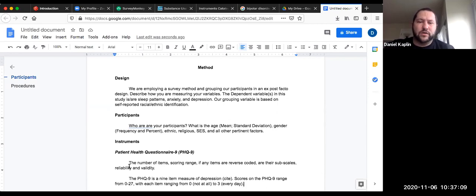And then the final thing you want to talk about is your reliability and validity. In order for something to be considered a reliable and valid measure, it has to go through a testing process. So when you find this instrument, PHQ-9, the original instrument, it'll tell you how they validated the instrument. And the most common measure that you're going to hear them talk about is something called the Cronbach's alpha.